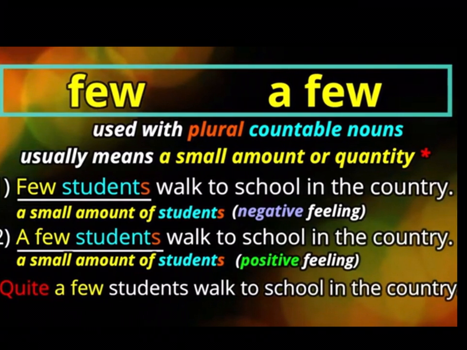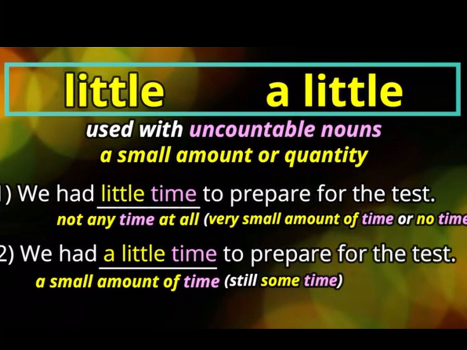Moving along to our next quantifiers, little and a little. These two are used with uncountable nouns, and they usually mean a small amount or small quantity of something. Let's look at the examples. We had little time to prepare for the test.